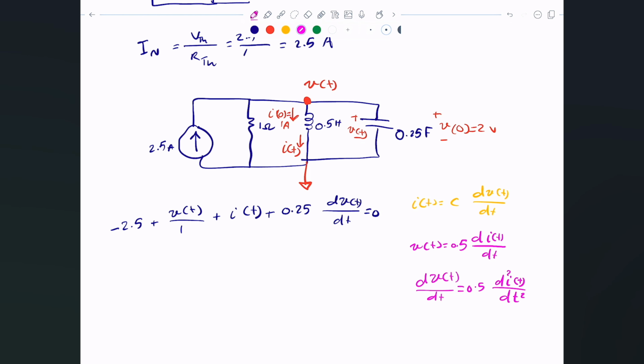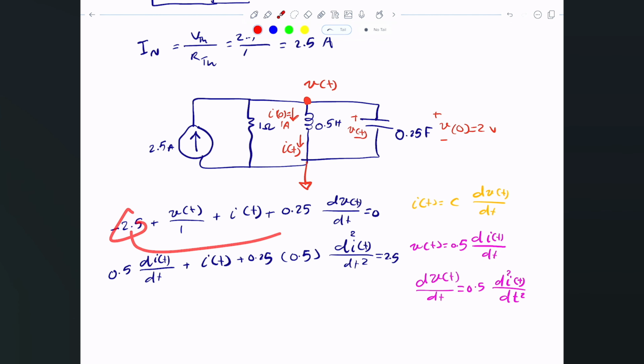Okay, so I'll take these two and substitute them in this equation, and what I will get is 0.5 dI of t divided by dt plus I of t, plus 0.25, so I'll have to multiply by 0.5 in here, d squared I of t divided by dt squared, and that equals 2.5. What I've done is I just moved this to the other side.